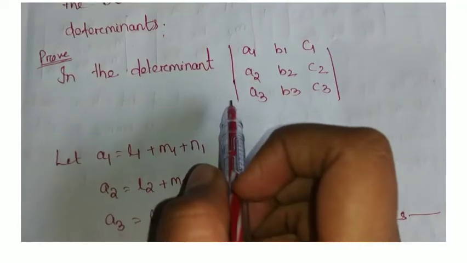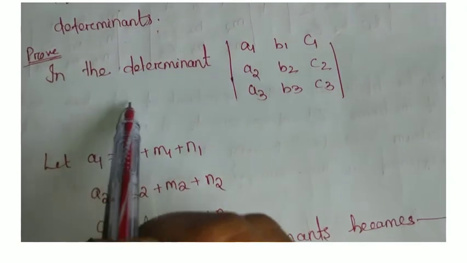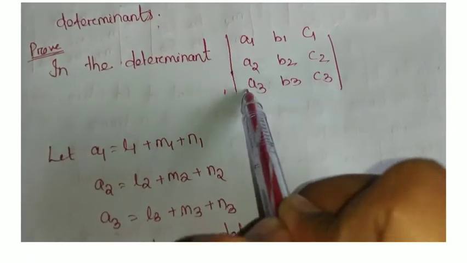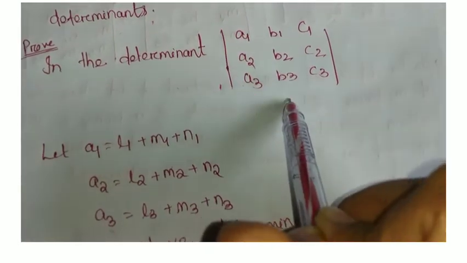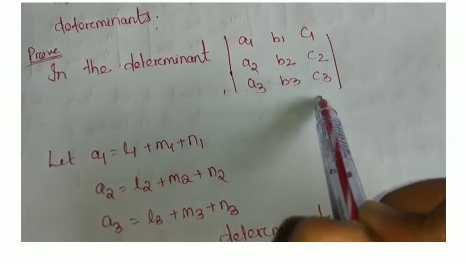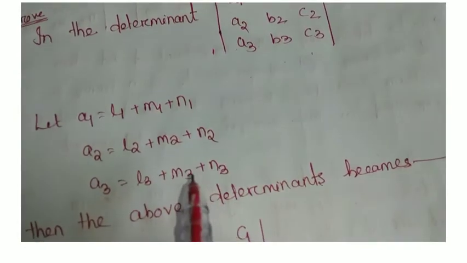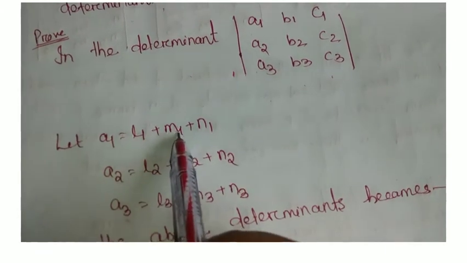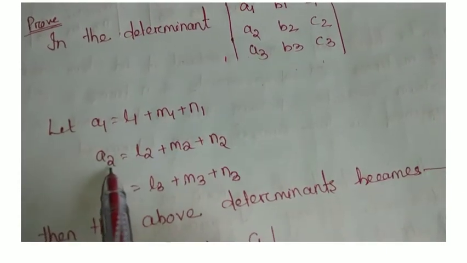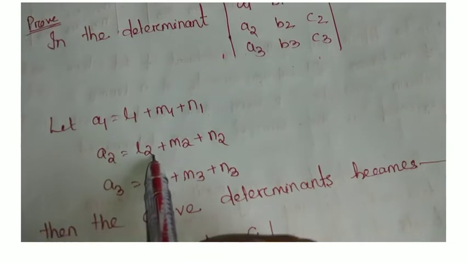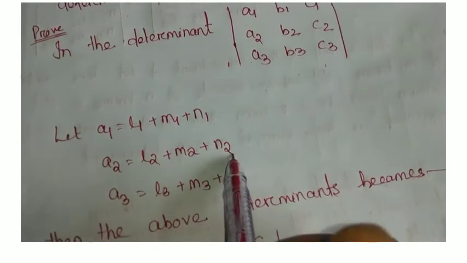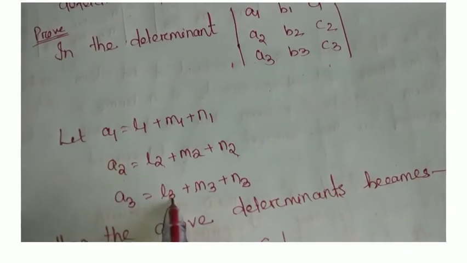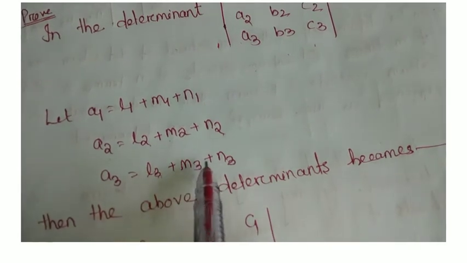How do we prove it? Let the determinant be A1, A2, A3, B1, B2, B3, C1, C2, C3. Let A1 equal L1 plus M1 plus N1, A2 equal L2 plus M2 plus N2, and A3 equal L3 plus M3 plus N3.